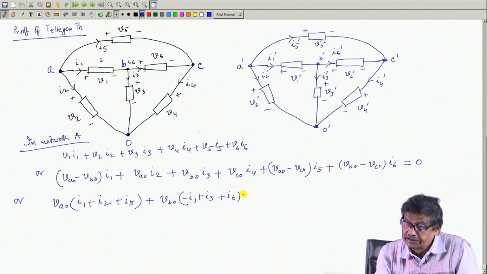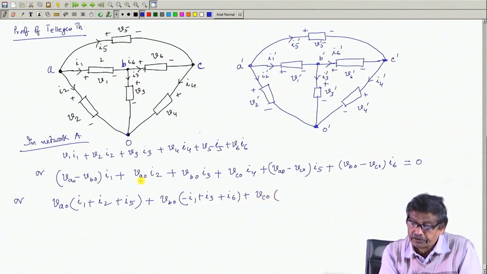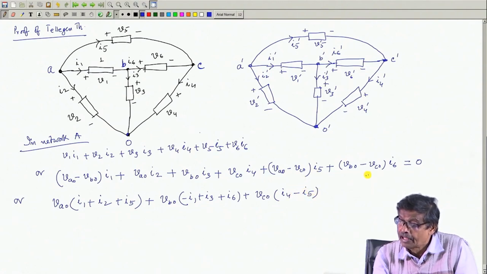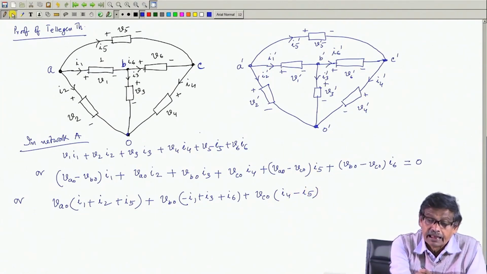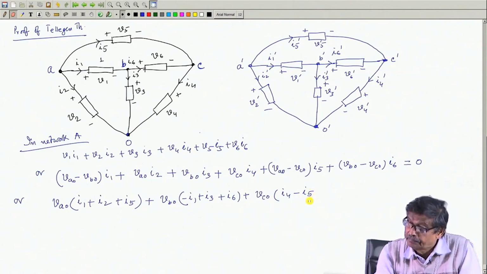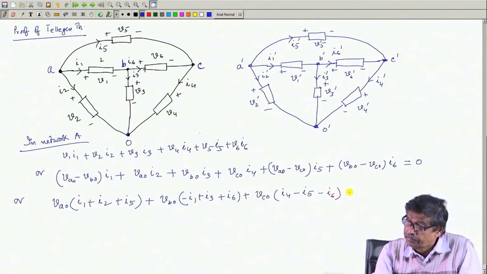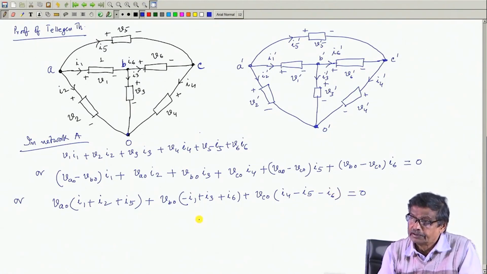Then what is V_C0? All the terms V_C0 I am collecting. No V_C0 here, no V_C0, it is I4. Here minus I5, and oh sorry, then another term is there, minus I6, and that must be equal to 0, that is what I am telling.